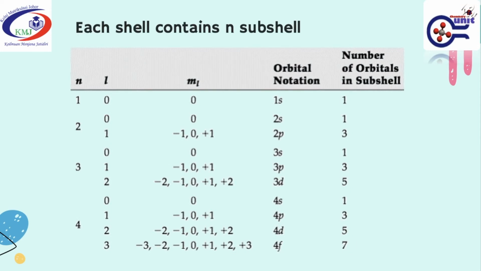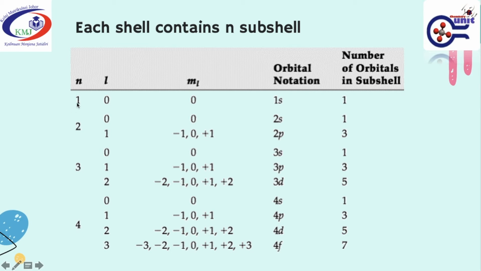Each shell contains n subshell. This table shows the value of n, l, m, and the orbital notation, also the number of orbitals in subshell for each orbital notation. Let's have a look at the first one.